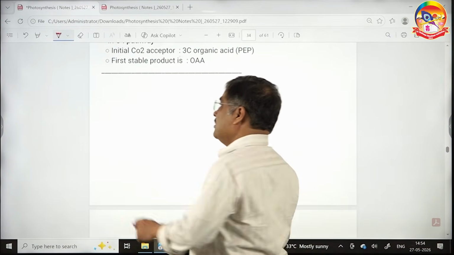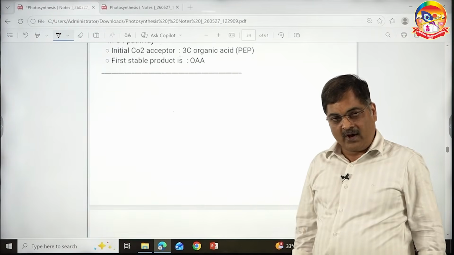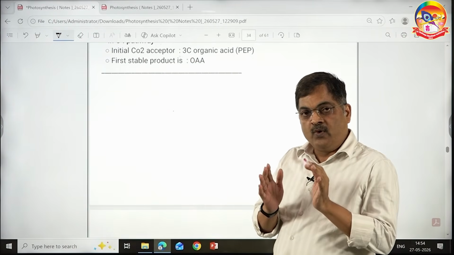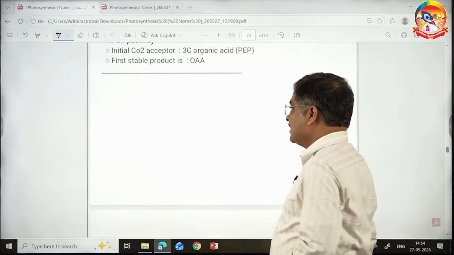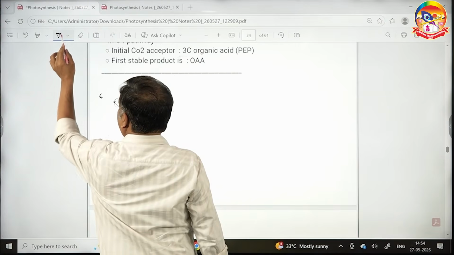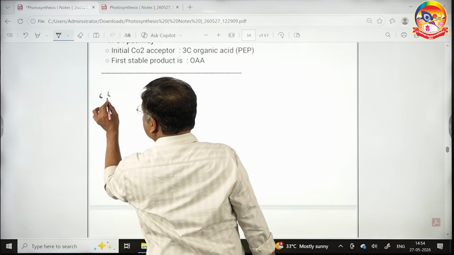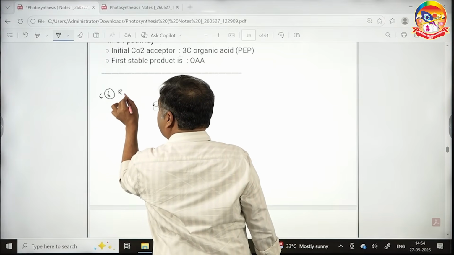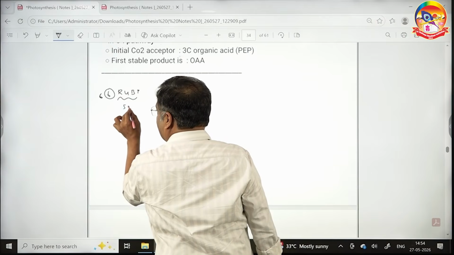Let us start this Calvin cycle and see it one by one. Now listen carefully. We'll start this Calvin cycle and produce glucose. Let us see. 6 molecules of RuBP, ribulose bisphosphate, a 5-carbon compound.